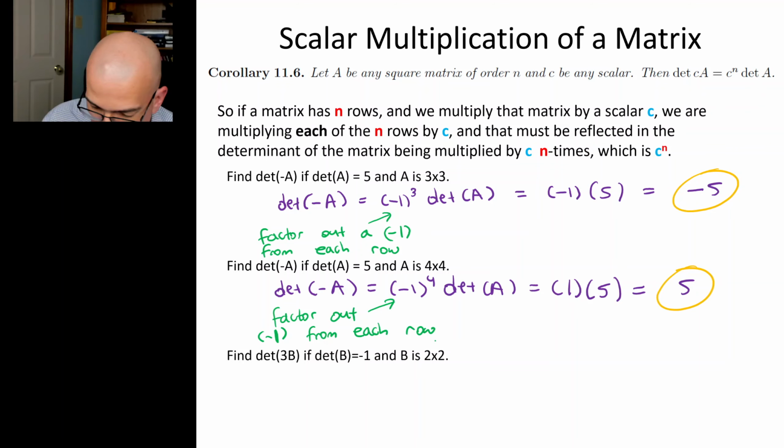Okay, and then the last one here, it's a different modification of A. We want the determinant of 3B if the determinant of B is -1 and B is 2 by 2.